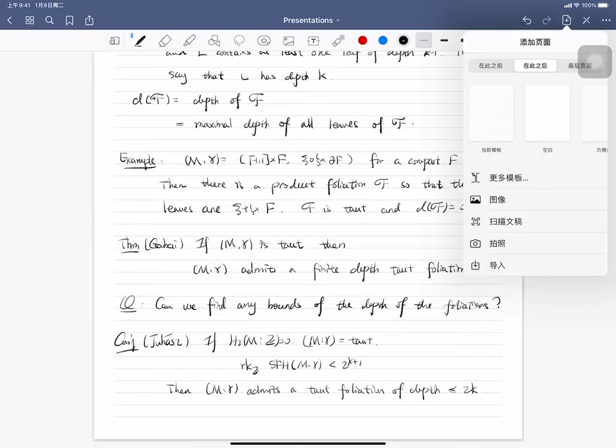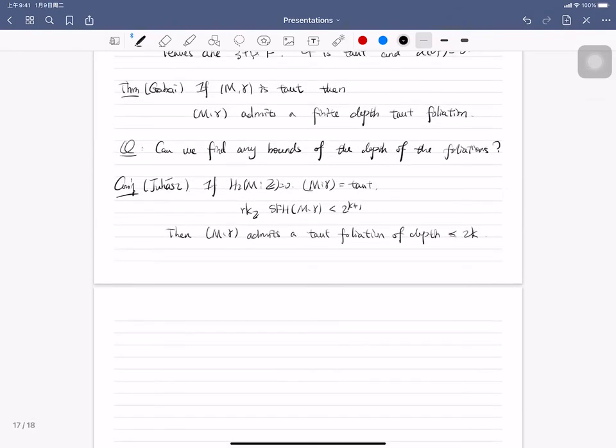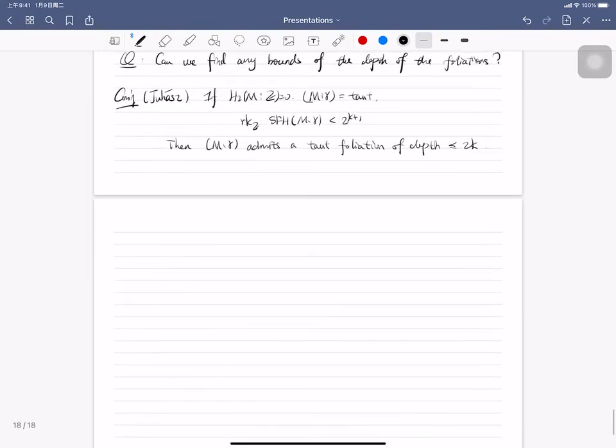Currently we don't know whether this conjecture is true or false, and the best thing we can achieve right now is the following theorem. This is the main theorem, which I proved last year.